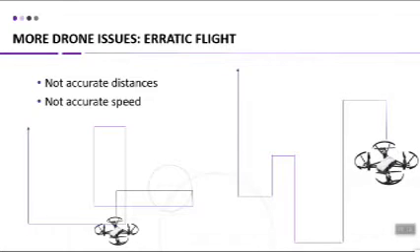Initially I thought, okay, this is going to be easy. I'm going to say, go 1 meter forward, 1 meter to the left, and I could do the spiral. But in reality, it was very different.